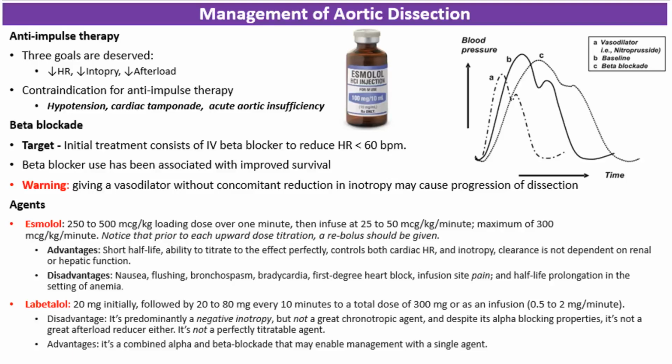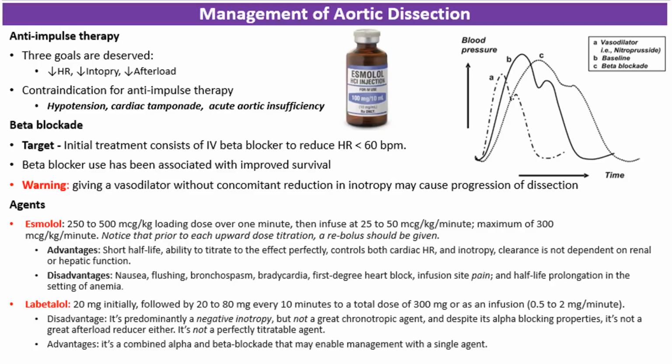Anti-impulse therapy aims to reduce the velocity of left ventricular contraction, thereby decreasing pulse pressure-related shear stress and minimizing lesion progression. However, it should not be administered when hypotension, aortic insufficiency, and/or concern for cardiac tamponade is present because this intervention may blunt the patient's compensatory tachycardia, leading to cardiovascular collapse.